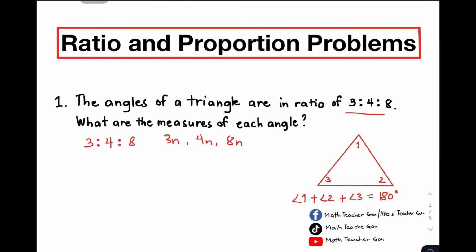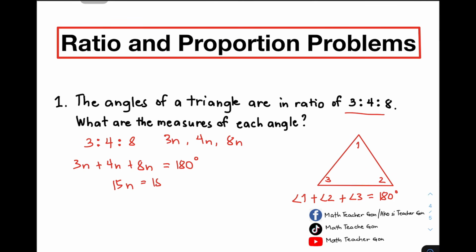So our working equation will be 3n plus 4n plus 8n. And alam natin that the sum is equal to 180 degrees. Okay? So, ang gagawin natin ngayon dito guys is to add these expressions. Yung 3n natin plus 4n plus 8n, that will give you 15n.